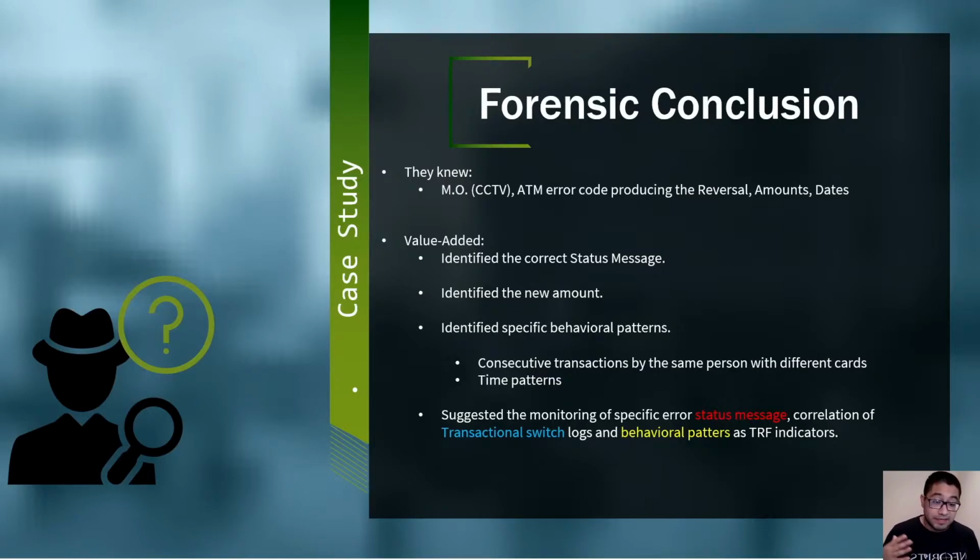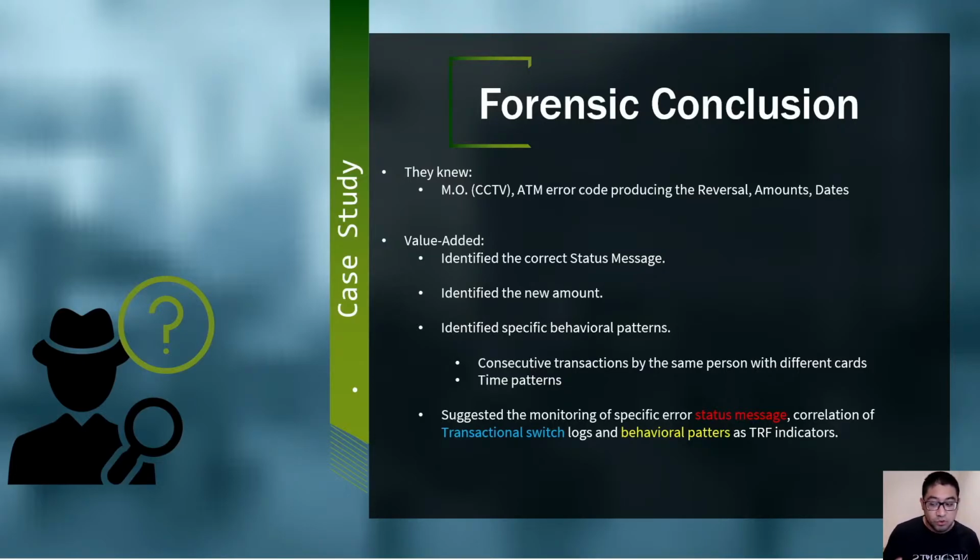So at the end of this project, of this case study that I worked on, what happened? The customer, the financial institution, already knew the modus operandi, because they saw the CCTV records. They knew the ATM error producing the reversals, they knew the amounts, they knew the dates, they almost had everything. But when I started to do this analysis of all of these thousands of journals, I found the correct ATM error.